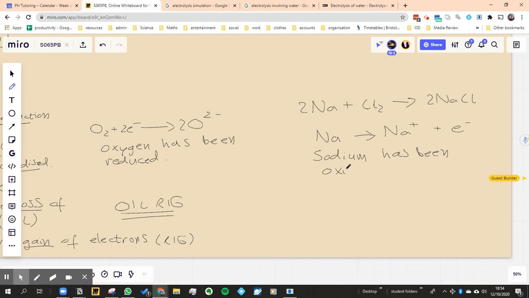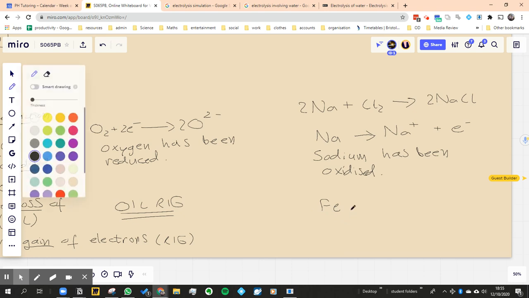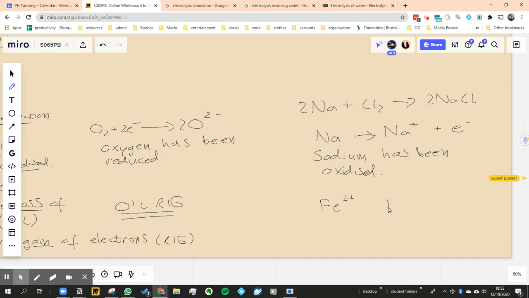So this is the new definition of oxidation, and it also comes back around to transition metals like Fe. So an iron ion can be Fe2 plus, or it could be Fe3 plus.